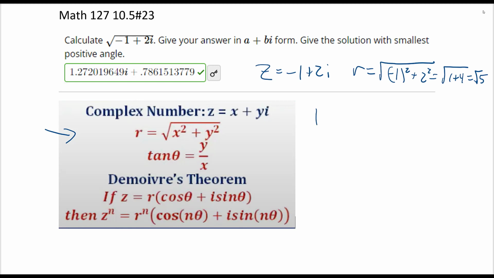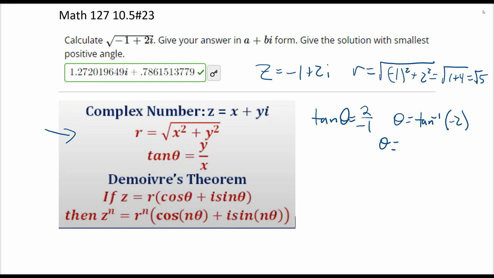Now if we look for tangent theta, that's going to be our y over the x. So our y is going to be 2, and the x is -1. So theta would be equal to tangent inverse of -2. So our theta is, let me get out my calculator. I really wish I had that online calculator tool that this person seems to have.